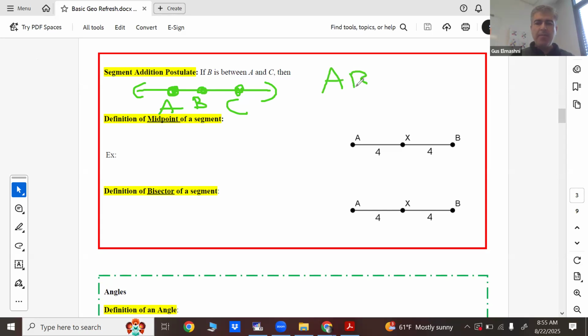If I add AB to BC, what would that equal? There we go. That's all it ever is. Those two segments, AB and BC, do they make up AC? Yeah. Two parts make a whole. Yep. That's all it ever is. As an abbreviation, we write it as SAP.